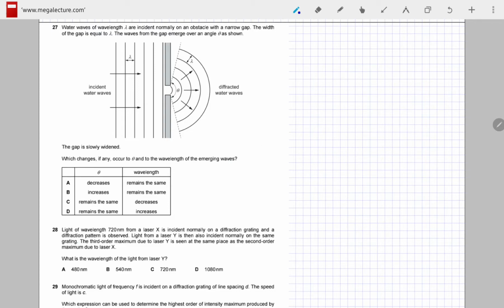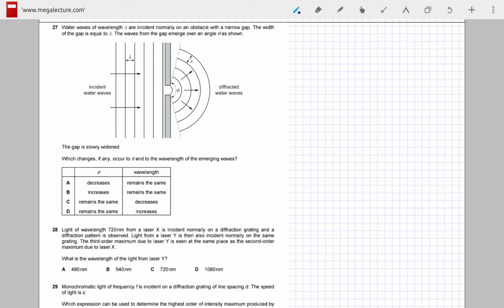So we know that to have diffraction, the width of the slit opening must be equal to or at least less than the wavelength of the water waves over here. So when the size of the gap is increased, the diffraction will actually be less observed, right? And angle theta will decrease as well, obviously.